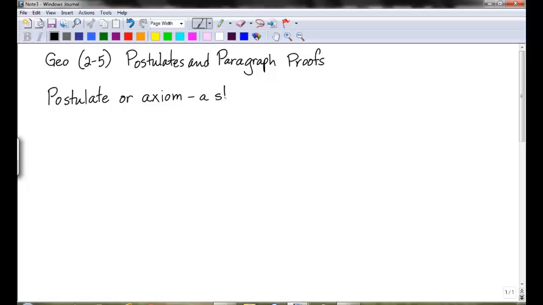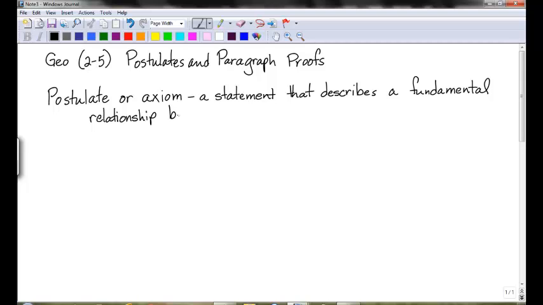It is a statement that describes a fundamental relationship between basic terms of geometry.